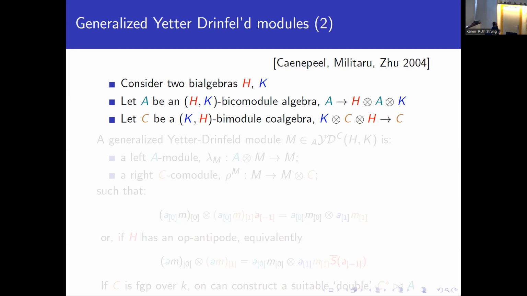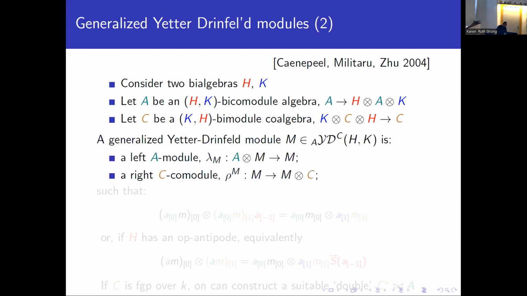And how do we define the generalized Yetter-Drinfeld module in this case? This is my notation for the generalized Yetter-Drinfeld module. You can see here by the notation, a generalized YD module in this case has a left A-module structure and a C-comodule structure. So the module and the comodule structures are over different algebra and coalgebra. It's not the same algebra or bialgebra anymore.